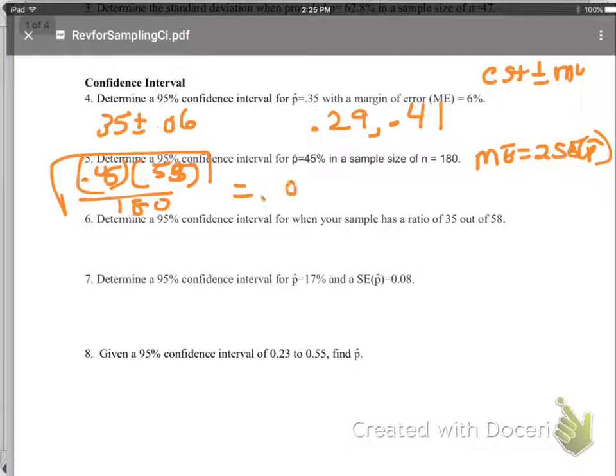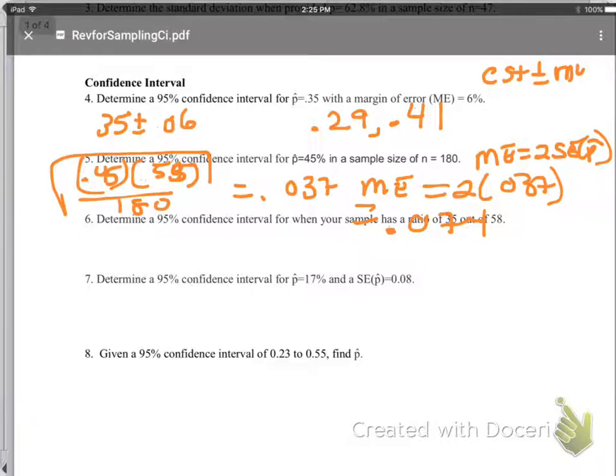And I get 0.037. Now that's my standard error. So my margin of error is equal to 2 times 0.037, and I get 0.074.